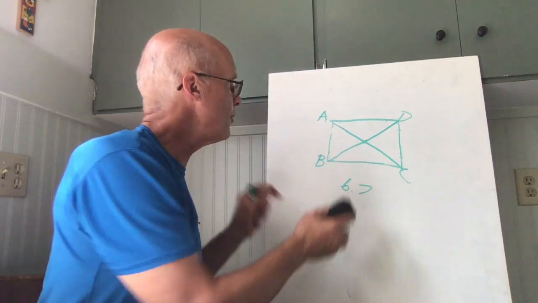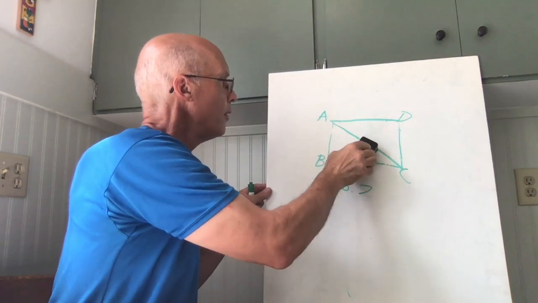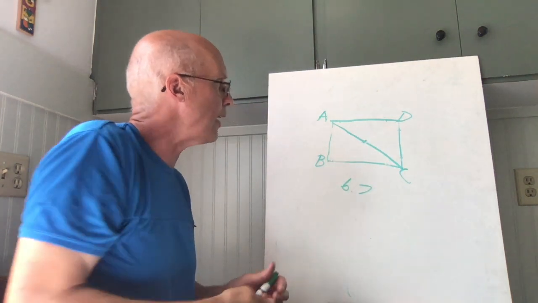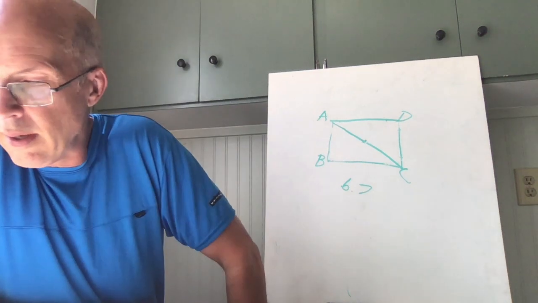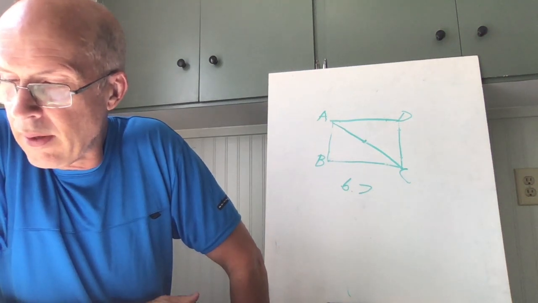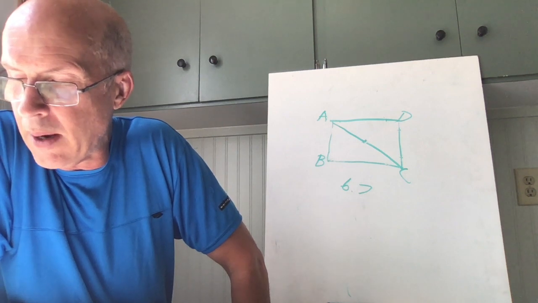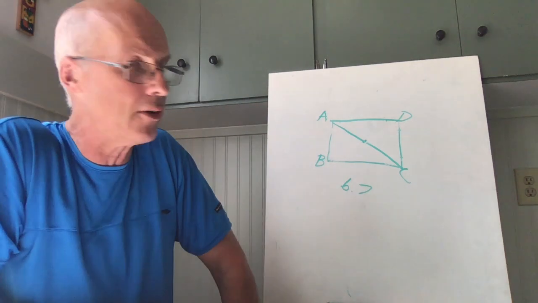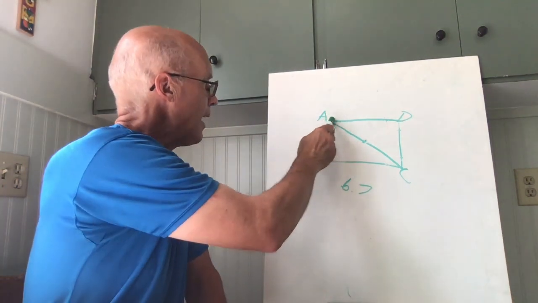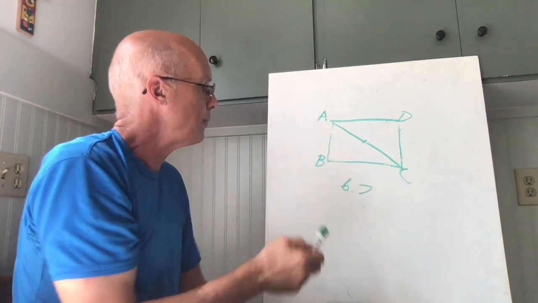Furthermore, if you just draw one, any diagonal of a parallelogram divides this into two. It's 6.8. It says if a quadrilateral is a parallelogram, then each diagonal separates the parallelogram into 2 congruent triangles. So ABC is congruent to CDA.